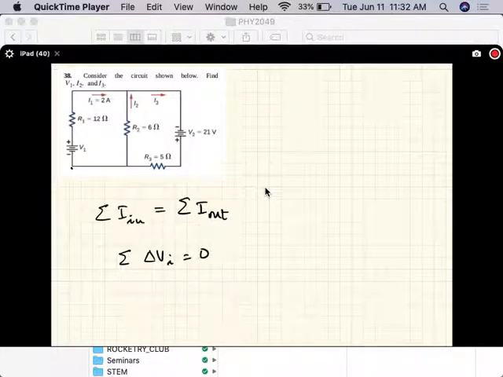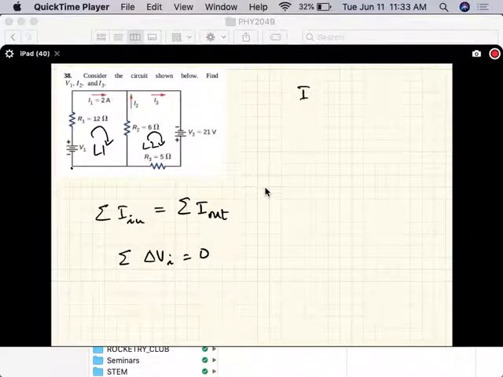Okay, so what we'll do is we'll use this as one loop and that as another loop. You can use any loop any which way you want. It'll give you an equation. All right, so let's write the current rule. Our junction is this: I1 plus I2 equal to I3.